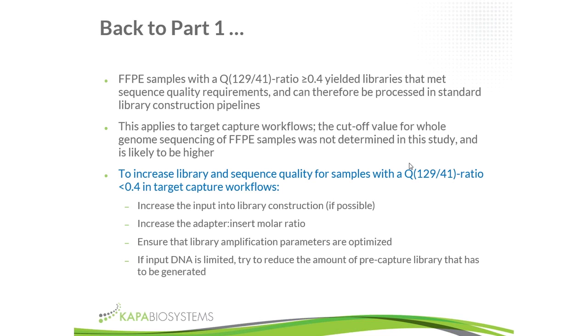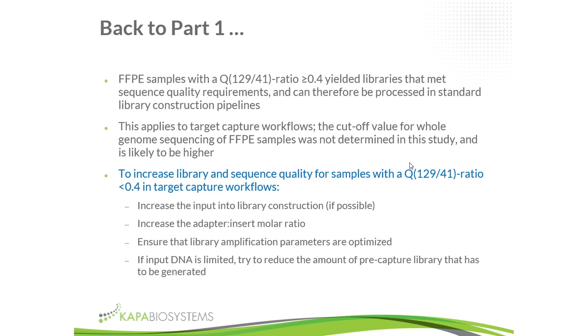And if a sample has a Q ratio, the 129/41 of 0.4, you have a reasonable chance of processing that in your standard pipeline. It may not give exactly the same library quality as an equivalent amount of high-quality DNA, but it will at least pass the basic sequencing requirements.